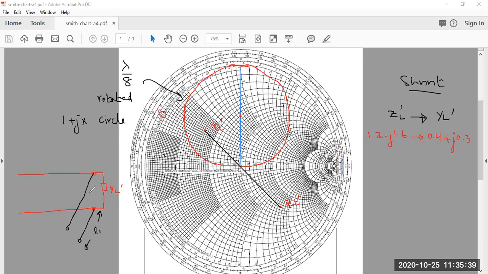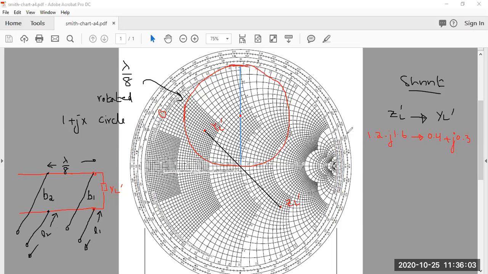And of course, what we need to do is find out what is B1. Similarly, at a fixed distance of lambda by 8, there will be stub number 2, and we will find out L2. But of course, once we know B2, then we will find out L2.